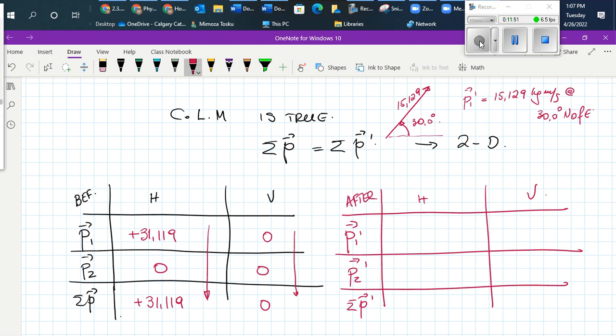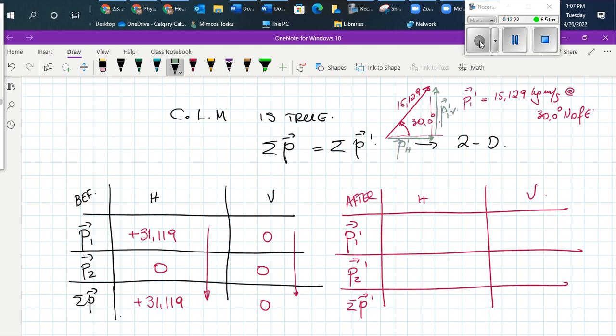So what is the horizontal component of this vector? We'll do the same thing as we have done with every single vector for as long as we have been doing physics. We'll create the right angle triangle that includes the given angle. Whatever is along the horizontal will be the horizontal component, and whatever is along the vertical will be the vertical component.